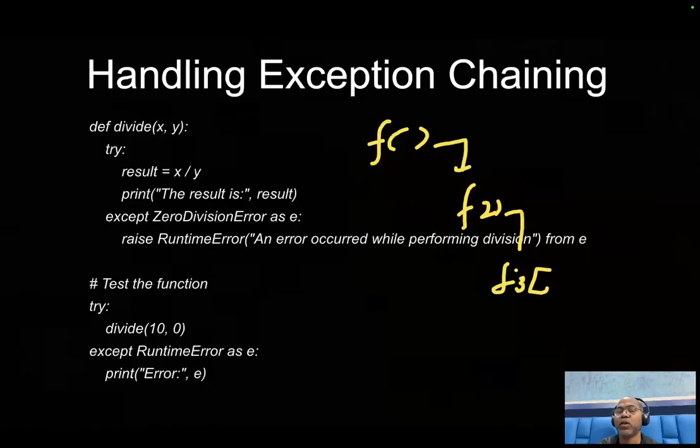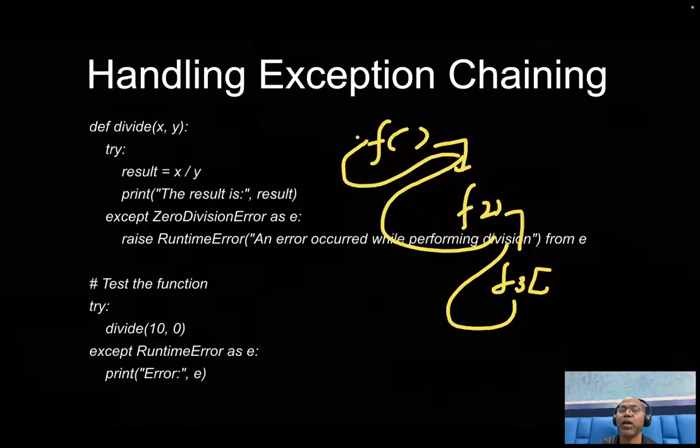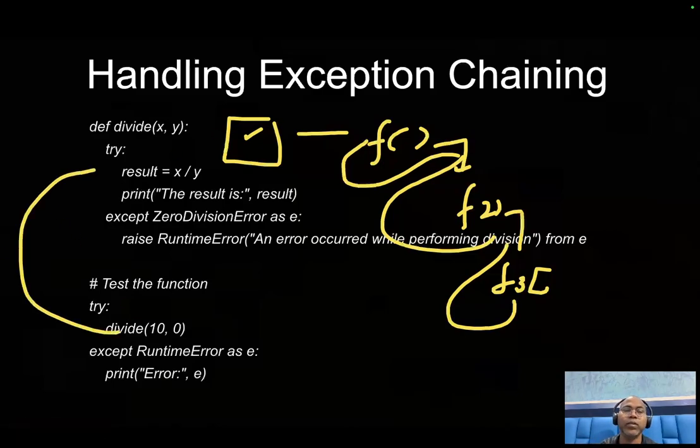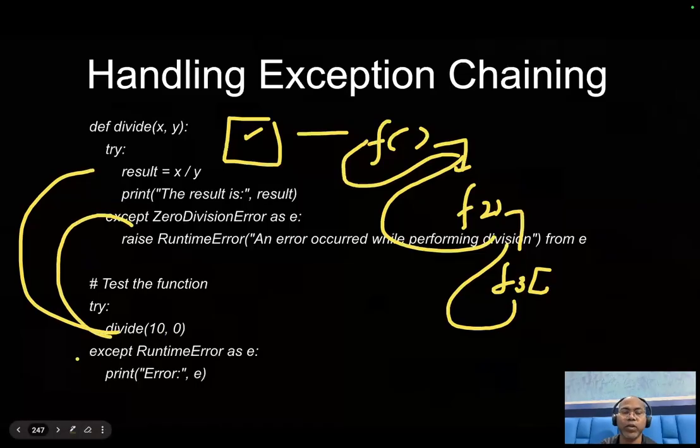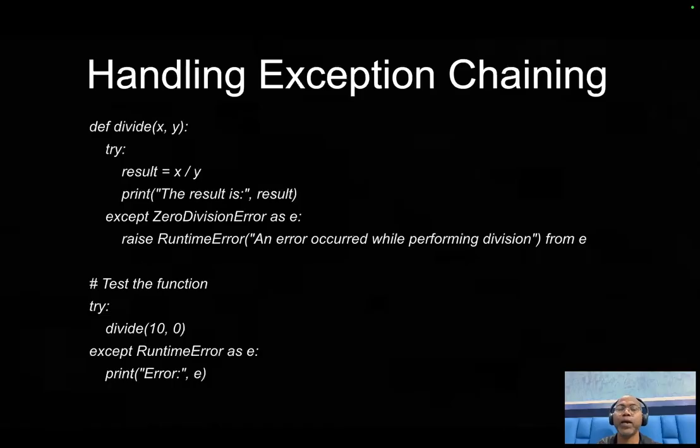If this throws an exception, it goes here, if it throws an exception, it goes here, and whoever calls them is responsible for handling the exception. So the way you invoke functions, here I call this division. If division throws an exception, it comes here and I handle it. Maybe I can also rethrow it. So this is known as function chaining. Any exception goes back to where the call came from.